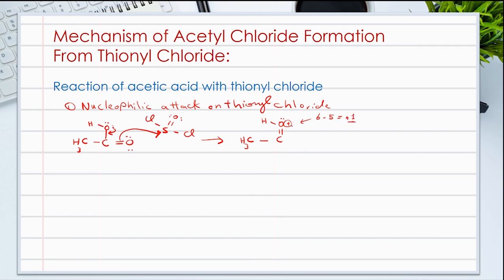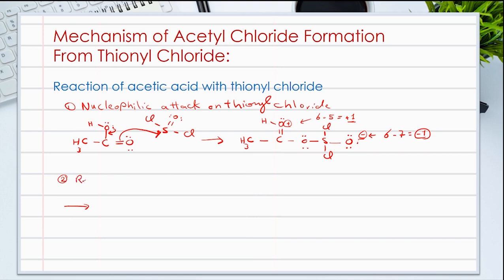Then this oxygen is now also bonded to the thionyl chloride, SClClO, and the negative here because the oxygen is surrounded by 7 electrons. 6 minus 7 equals the negative 1 we write over the oxygen.